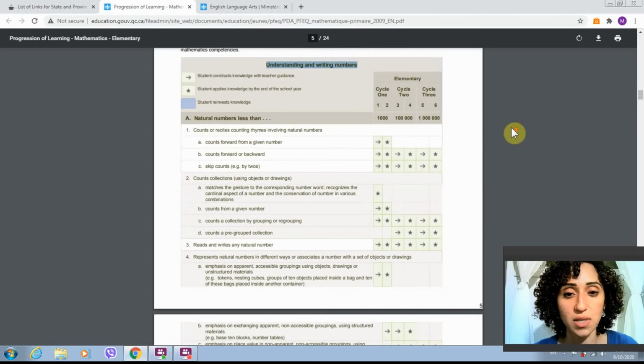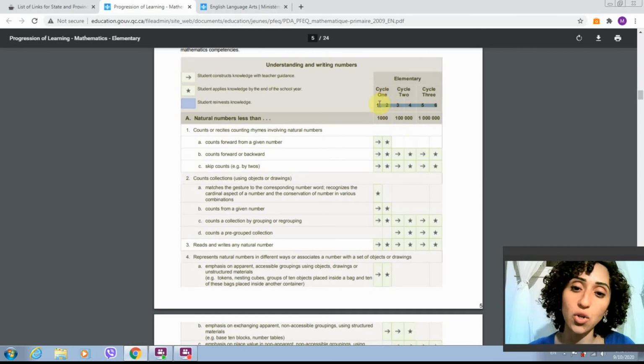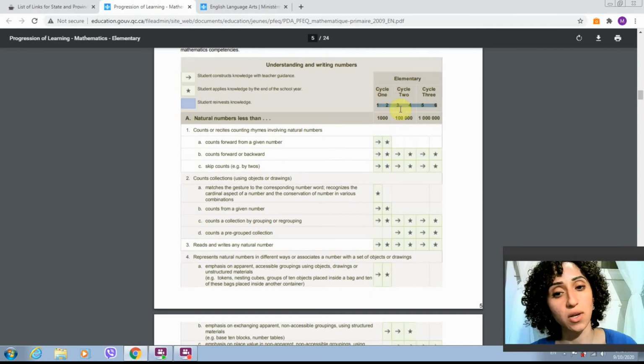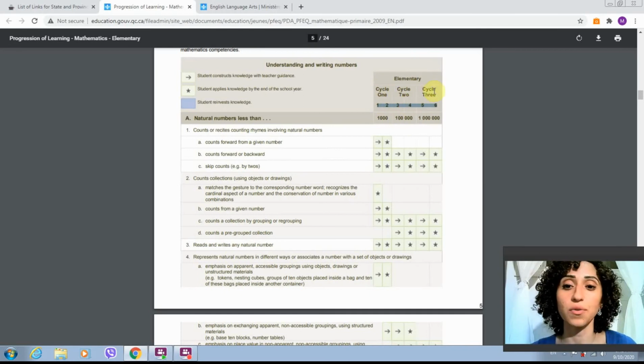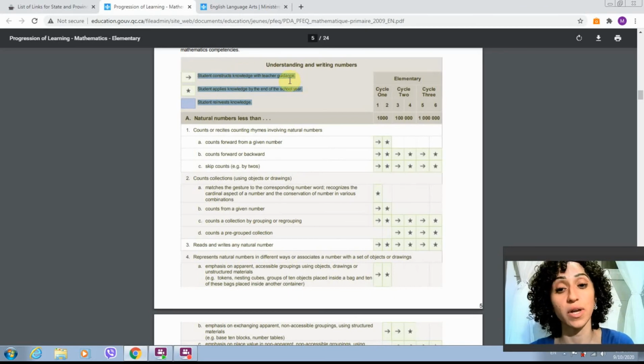And you're going to see that it's a chart, and the chart shows you what's expected in each cycle. So cycle 1 is 1st and 2nd grade, cycle 2 is 3rd and 4th grade, and cycle 3 is 5th and 6th grade. And there are little symbols here that show the level of mastery that the child is supposed to have at each grade level.